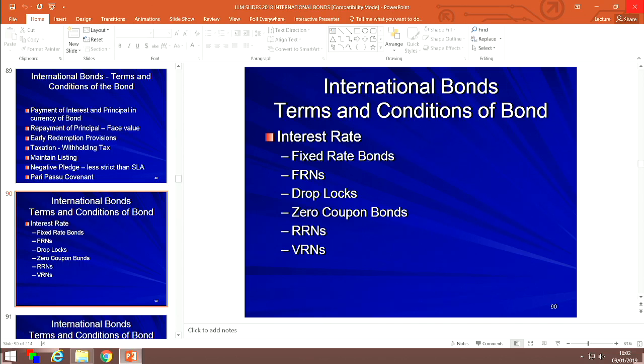One reason for this zero coupon structure is the tax laws in many jurisdictions. Not in Europe or in the US, but in some jurisdictions. In the US and in this country, and in the EU, which I think most countries in the EU, if a bond pays interest, that interest is taxable in the hands of the investor. Normal rule.